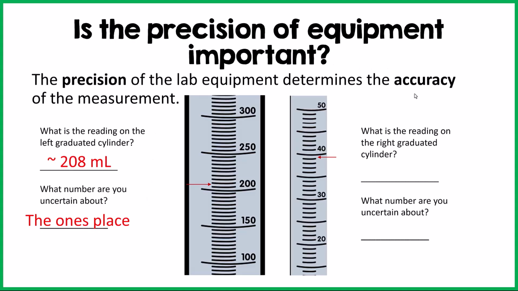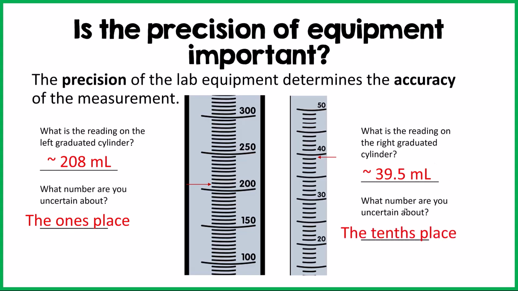On the right-hand side here, let's take a look at this graduated cylinder. Where is this arrow? What is this measurement where the arrow is? Again, pause the video until you've figured that out. And I'm going to say that's about 39.5 milliliters.